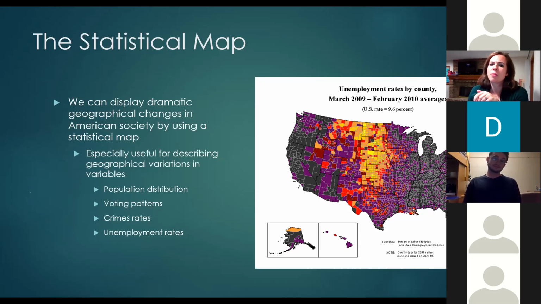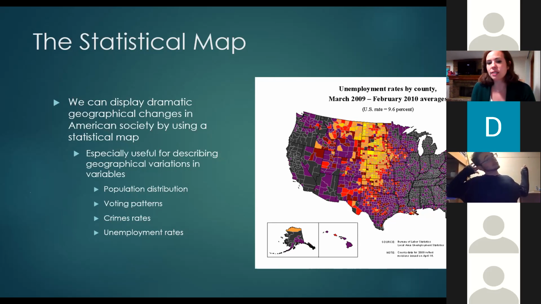Actually, that was an assignment for my daughter in 4th grade, the last election, where she had to stay up as the votes were counted and color. I'm like, what? She's not staying up till midnight as counties are being decided. But yeah, coloring each section to see how states are called. So again, unemployment rate is pretty huge, voting patterns, population distribution, that's another big one where you can cluster in larger groups, looking at population density, and then crime rate is another big one.